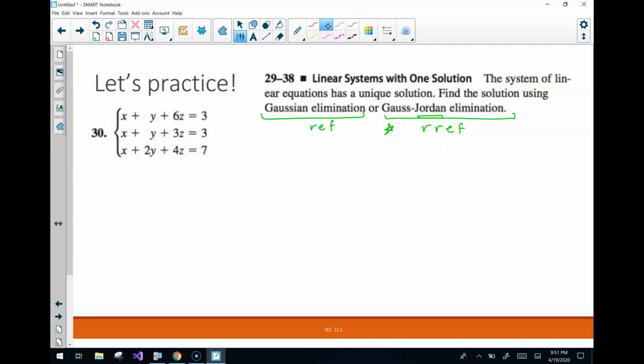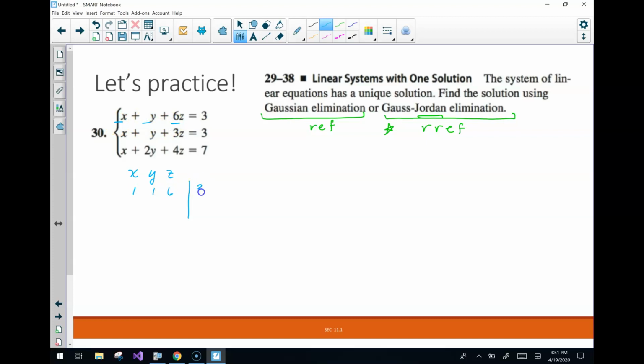We start out by setting up our augmented matrix. We're going to write coefficients of our variables, x, y, and z, and then those numbers on the other side of the equal sign. Coefficients of x, y, and z become 1, 1, and 6.